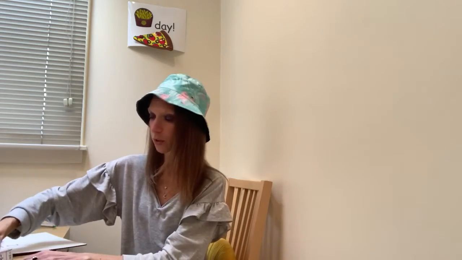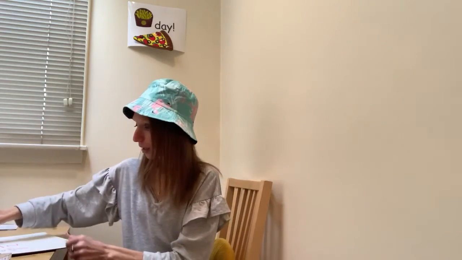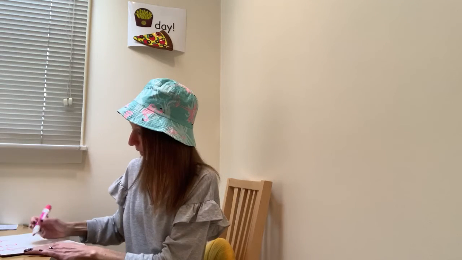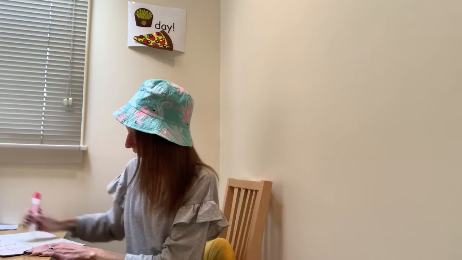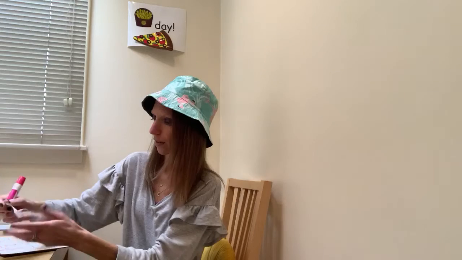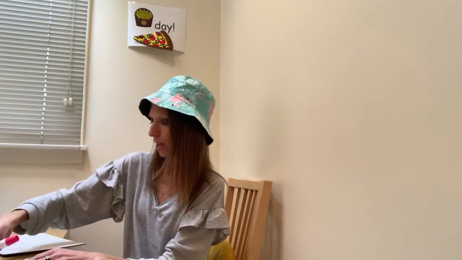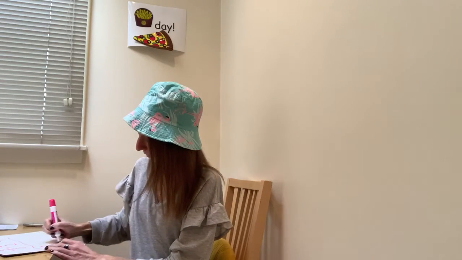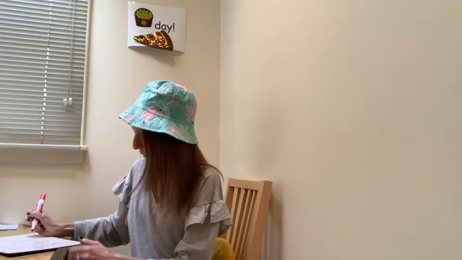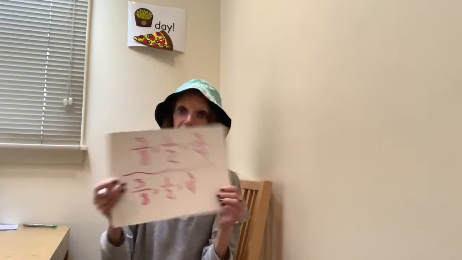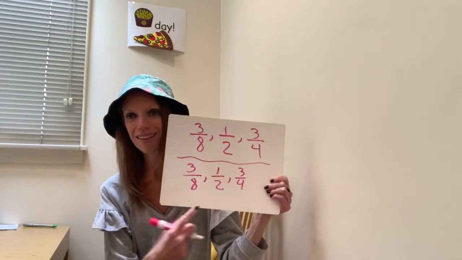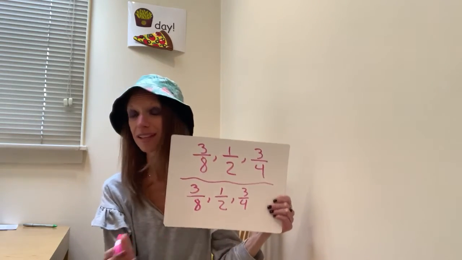And like I said, it's so much easier if you could do it on the table. So I'm going to write down 3/8, 1/2, and 3/4. Easy. Oh, and look, I actually gave you the answer. So 3/8, 1/2, 3/4. Simple.